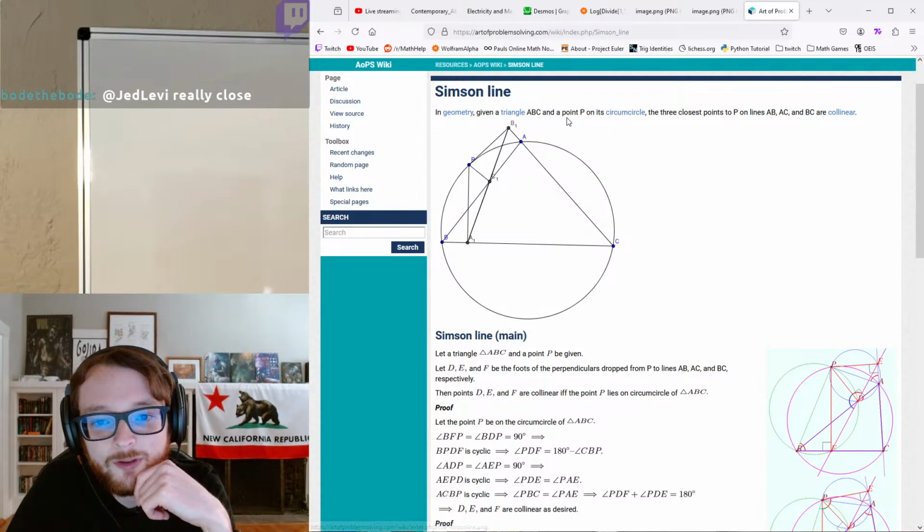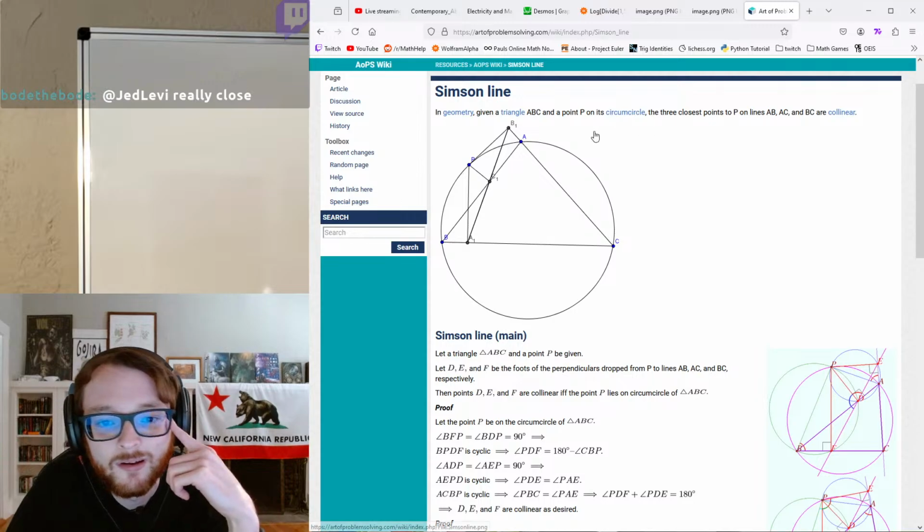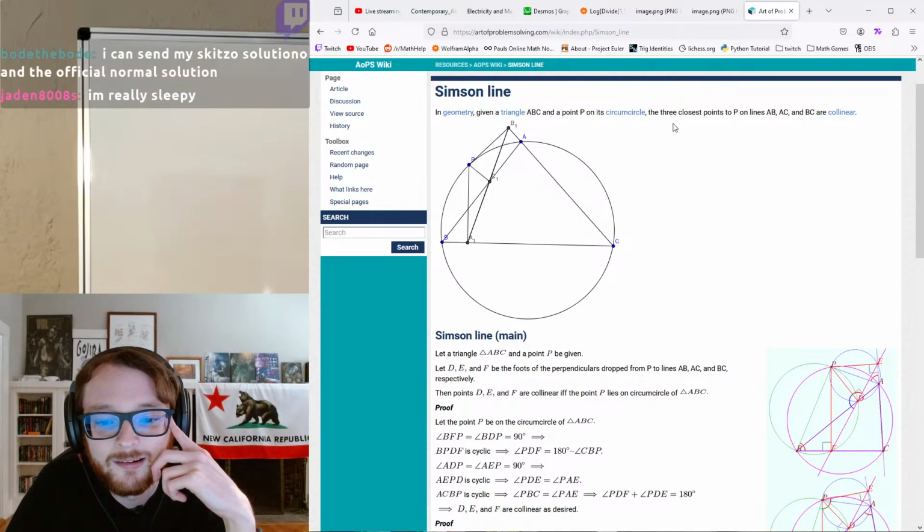Given a triangle ABC and a point P on its circumcircle, the closest 3 points to P. Where is P? Oh, this is P. Okay. All right.